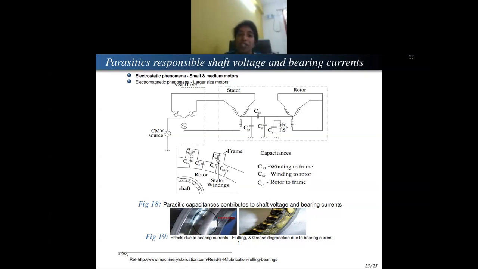This will lead to fluting in the metal of the bearing, as shown in figure 19 below. This is damage in the metal. This fluting will eventually increase the vibration of the system and introduce lots of asymmetry in the system, so eventually it will lead to permanent failure of the bearing.